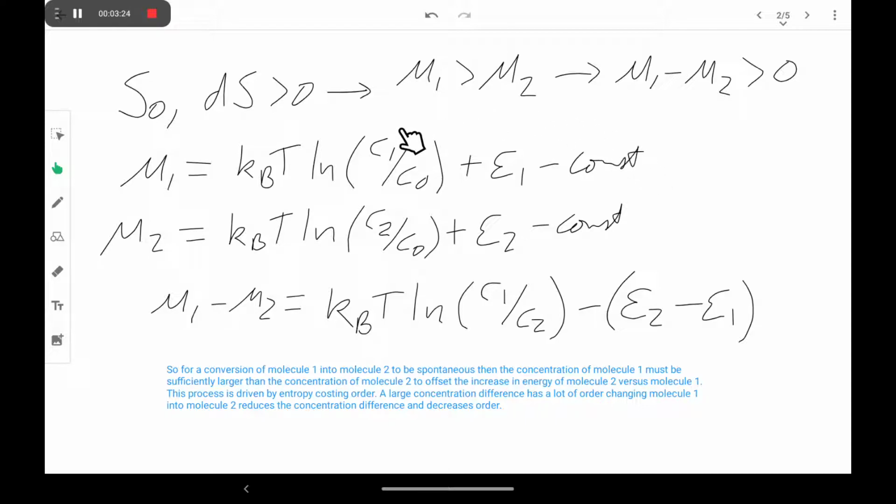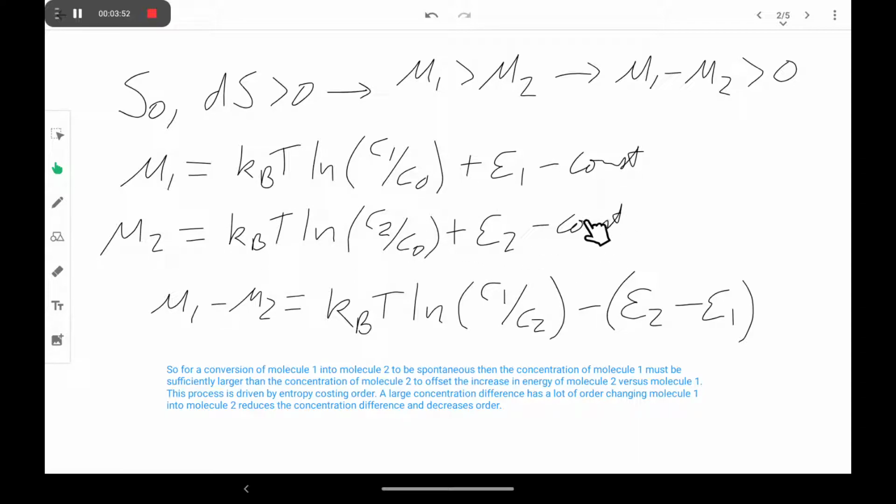Remember that it is an energetic term that is dependent on the concentration over some reference concentration, which is often taken to be 1, as well as the internal energy, and then the other stuff. There was all that other stuff, but that was independent of the type of molecule. It didn't matter. It was a function of temperature, but other than that, it didn't matter. So they both have the same form, including that same constant.